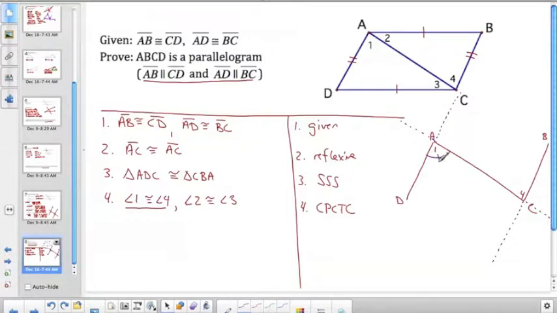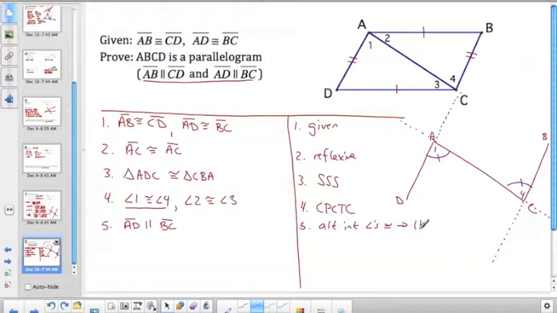That makes angle 1 and angle 4 alternate interior angles. And we know that if alternate interior angles are congruent, then lines are parallel. So angle 1 and angle 4 being congruent means that AD is parallel to BC. And that's alternate interior angles congruent leads to parallel.